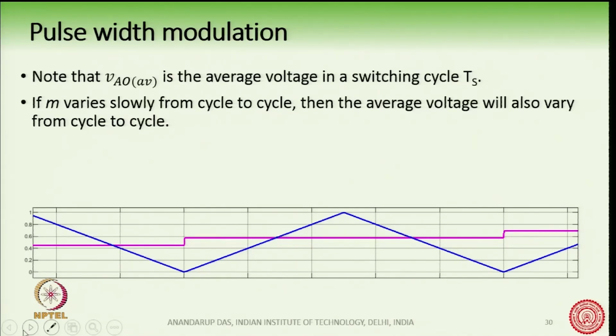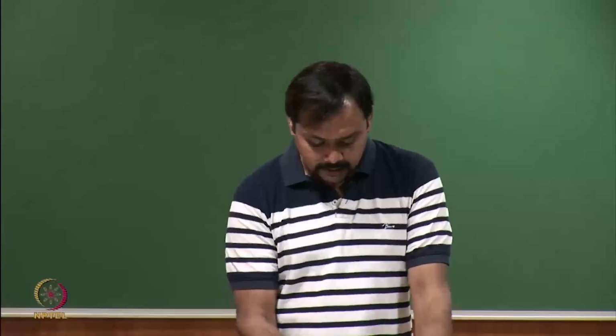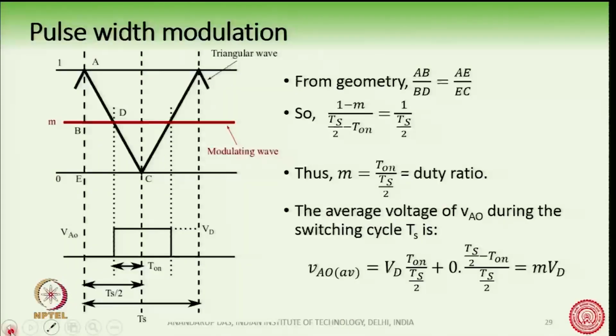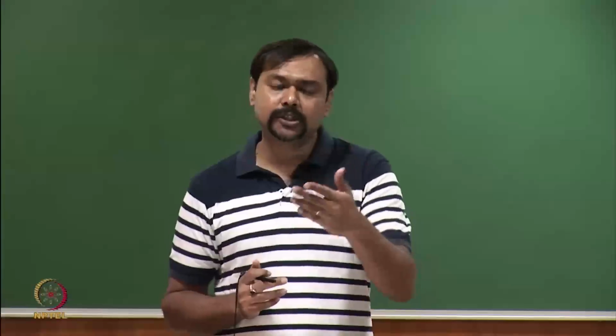Now, if we start to vary the value of m slowly from cycle to cycle: in this particular cycle which we see here, the value of m is constant over the switching cycle, but suppose in the next switching cycle we change the value of the modulating waveform slightly.